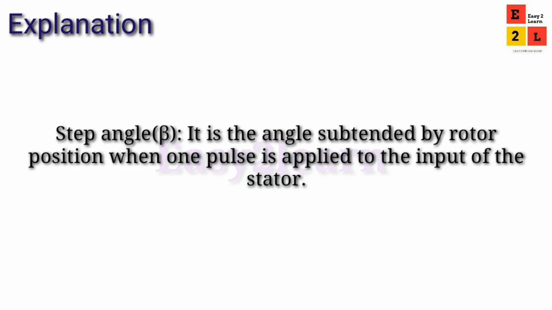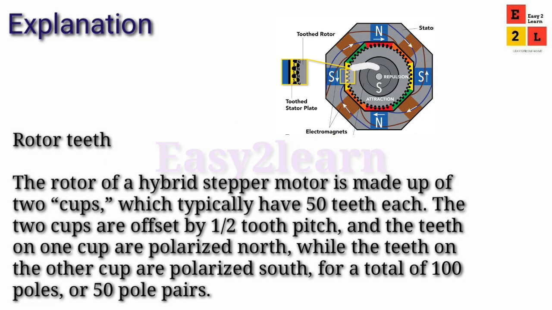Step angle beta is the angle subtended by rotor position when one pulse is applied to the input of the stator. The rotor of a hybrid stepper motor is made up of 2 cups, which typically have 50 teeth each.